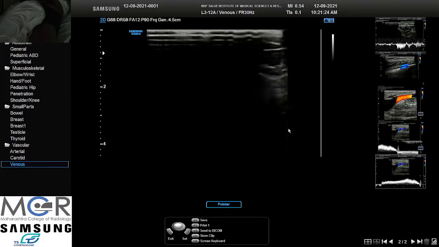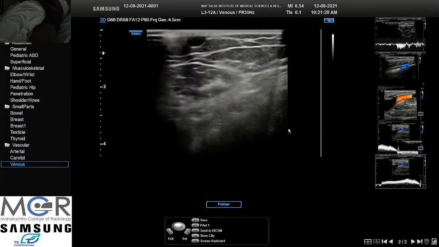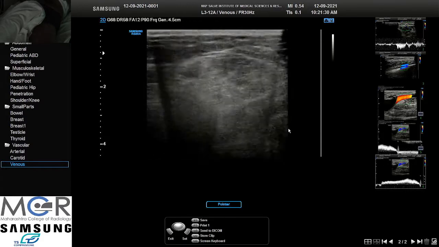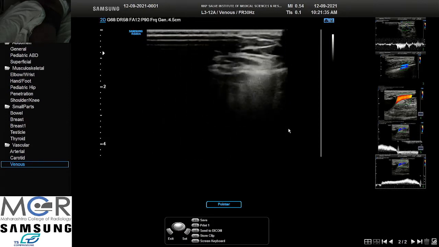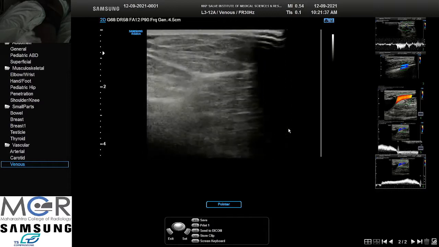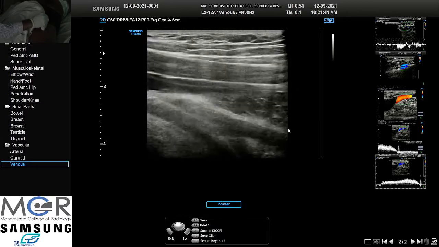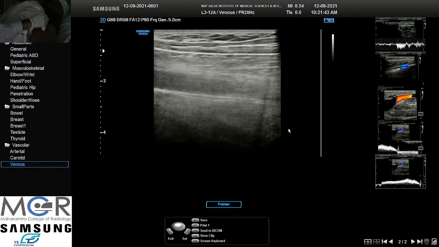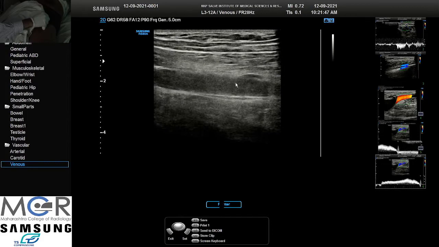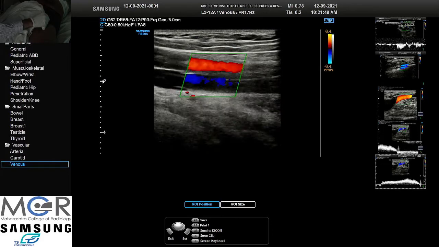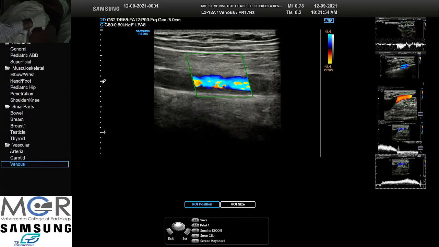It's quite dilated GSV. I am almost at the level of knee joint. So there are no major tributaries. We will complete our survey of the deep veins, whether they are normal or not. We have to ensure that this is primary varicose veins or primary incompetence. Steer it other direction.